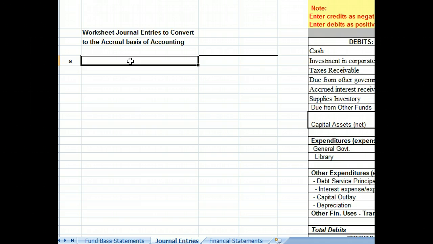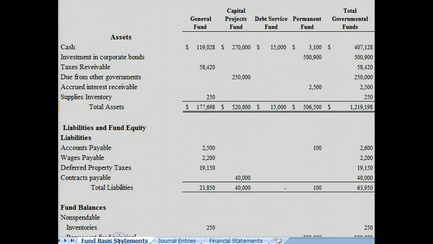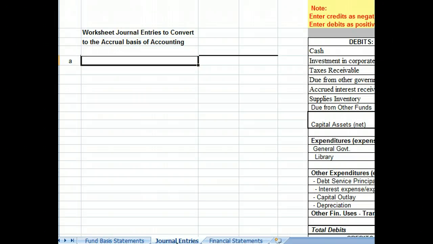Alright, so the first thing we're going to do is it gave us some information in your book on the capital assets. Now in this particular problem, you actually had to pull up the Excel spreadsheet like you see here to get the fund basis statements. The journal entries are under the second tab, where we'll go ahead and list our capital assets. Alright, these are net that we have for the beginning of the year are 7,752,000.